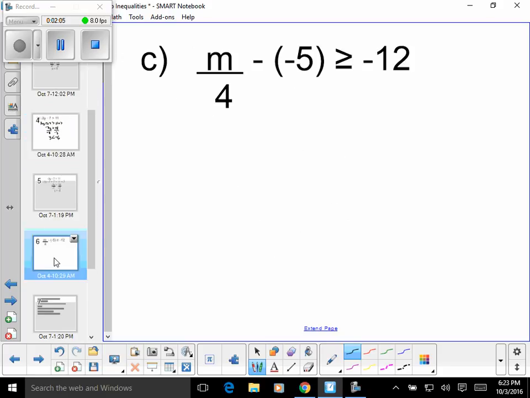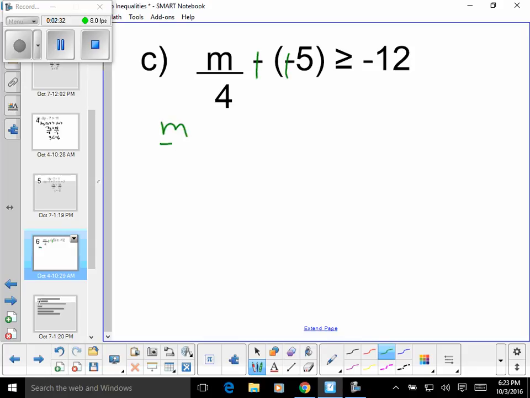In C, I am going to give you the tip that this is subtraction. You might want to change the subtraction to add the opposite before you try to solve. Otherwise, hit pause and see what you can do by yourself. I am going to change this to add the opposite.